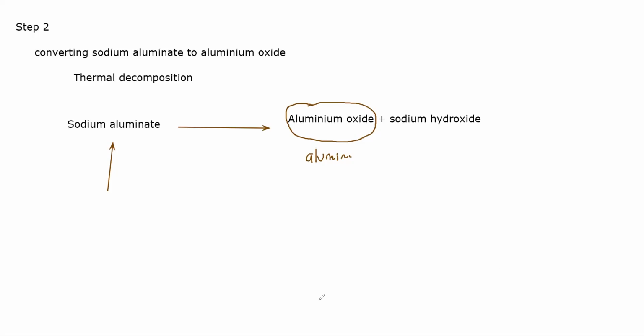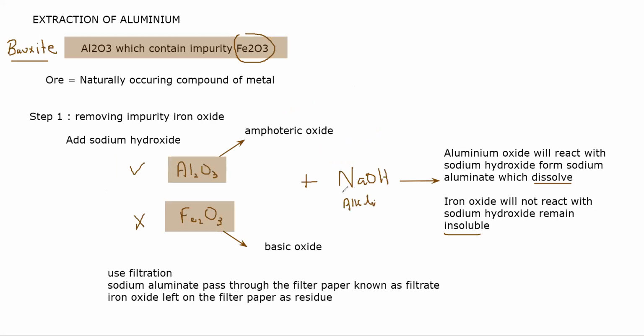Yes, what's the question? Why sodium hydroxide, why not only sodium? Because in the last reaction, you had sodium hydroxide, NaOH, reacting with aluminum oxide, forming sodium aluminate.